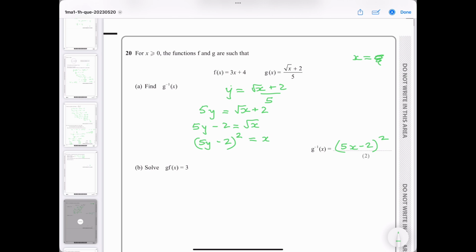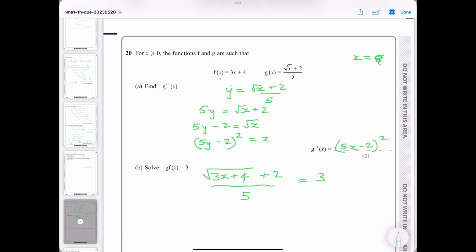Okay. So solve g of f of x equals 3. So that means we put the f into the g. And so we get root 3x plus 4, plus 2, over 5 equals 3.